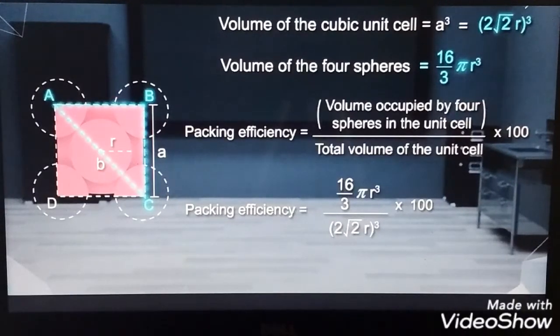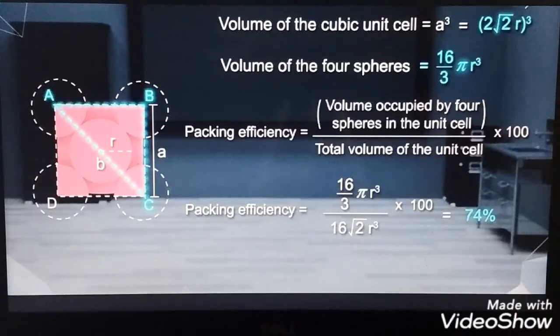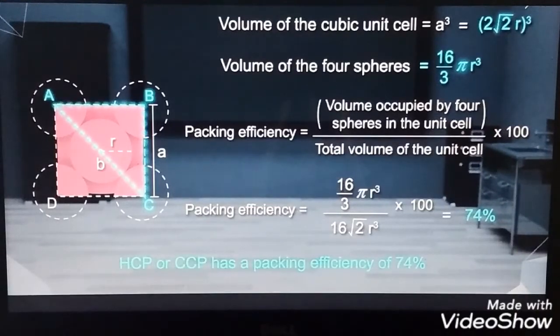Packing efficiency is equal to 16 by 3 pi r cube into 100 by 16 square root 2 r cube, which is equal to 74%. HCP or CCP has a packing efficiency of 74%.